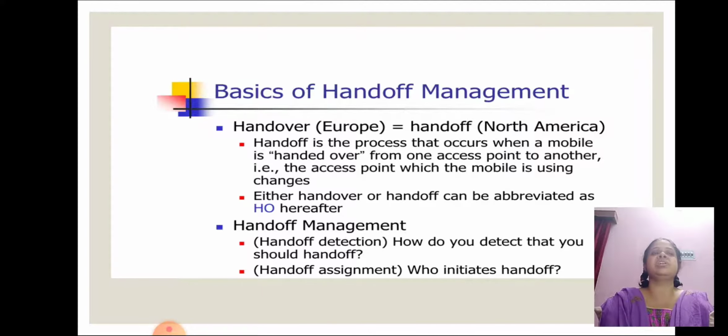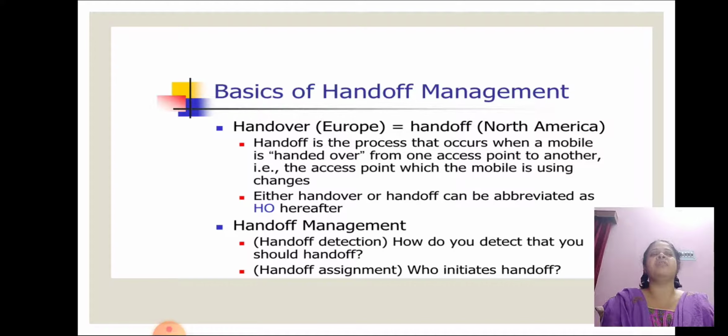The next situation is that each cell has a predefined capacity, that is, it can handle only a specific number of subscribers. If the number of users using a particular cell reaches its maximum capacity, then a handoff occurs.